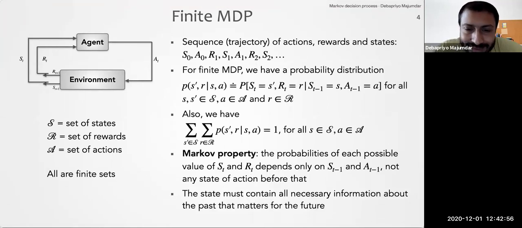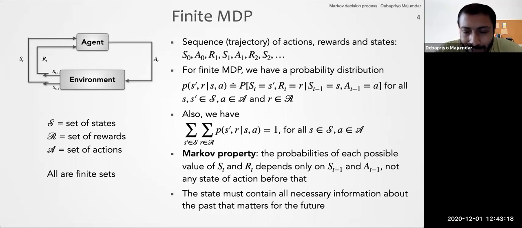Now, this might seem like a limitation or assumption on the whole process. In a certain sense it is. The assumption is that the state must include all the necessary information that matters for the future.